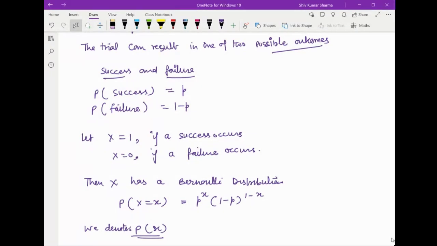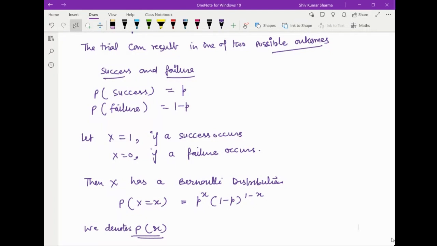So for tossing a coin in Bernoulli, this is an example: X takes only two values, 1 or 0. That means success or failure, either getting the head or not.